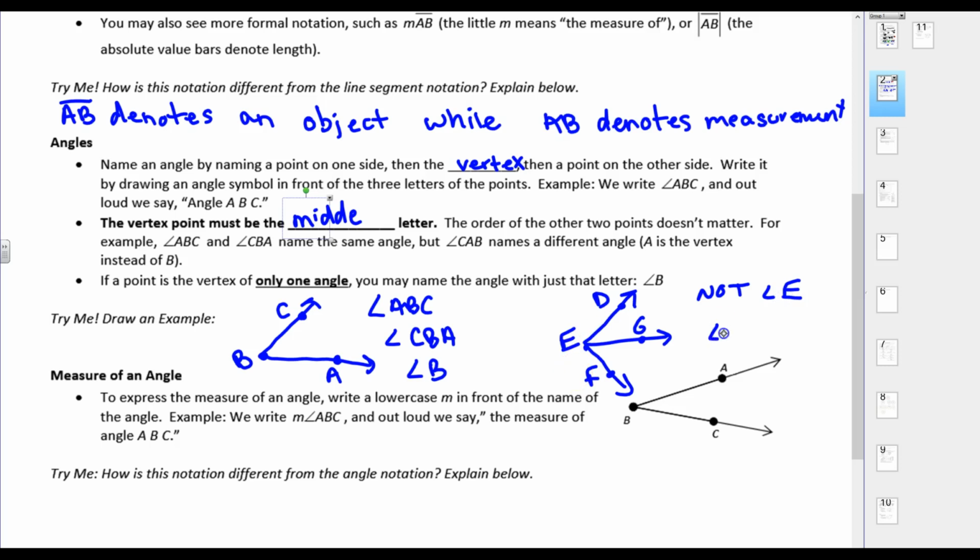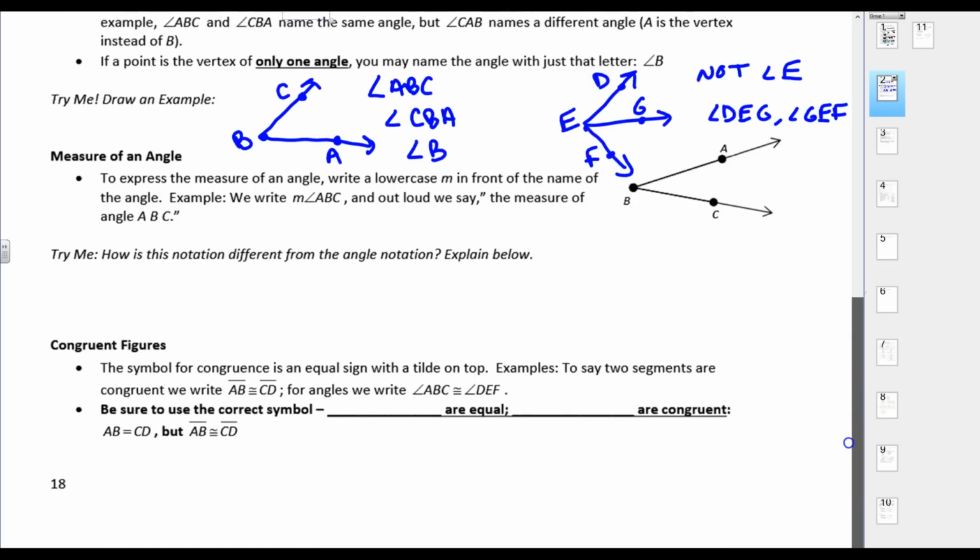It's okay to say angle DEG or angle GEF because those are different angles, but you cannot name it by just angle E. Whereas over here, that was okay to say just angle B because angle B is the only angle in that picture.